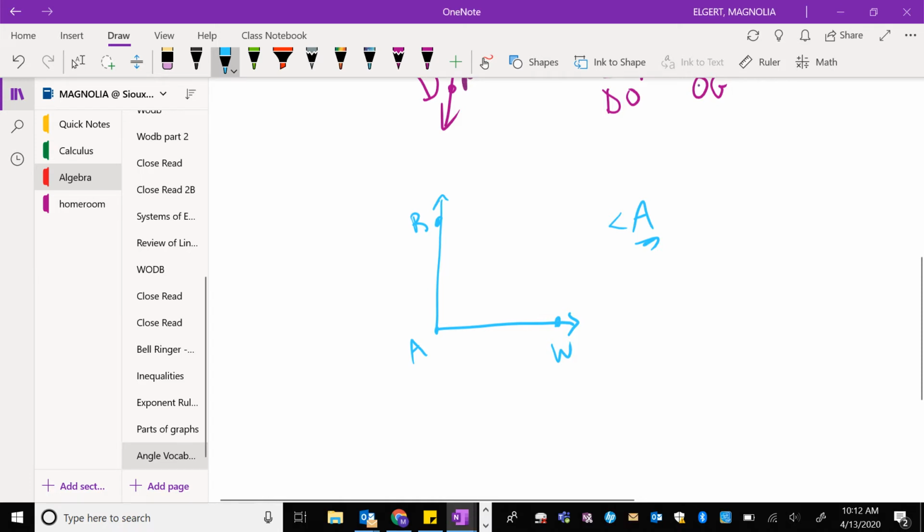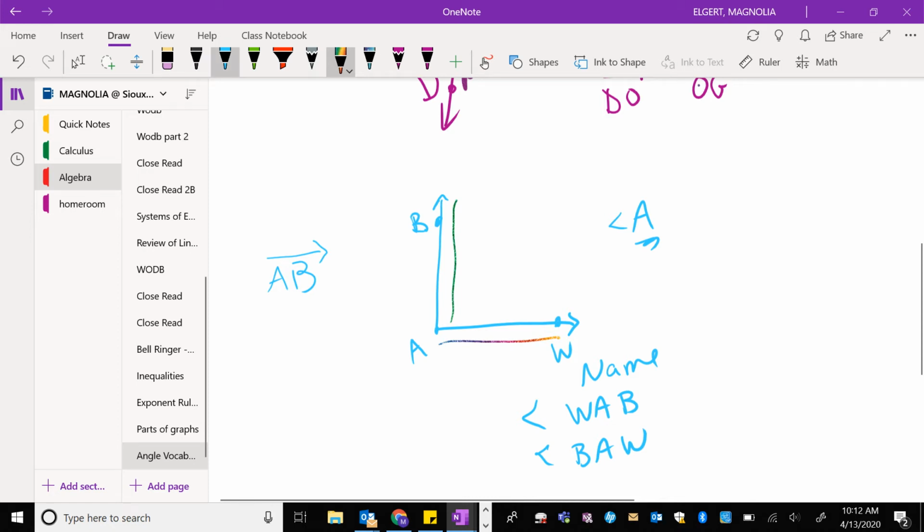We could call the angle, its name could be WAB. It's supposed to be a B. Or you could say BAW, but remember, the vertex has to be in the middle. The sides are rays, so you use the ray symbol, ray AB. If you notice right here, this is one side, and the other side is here, so we could call that ray AW.